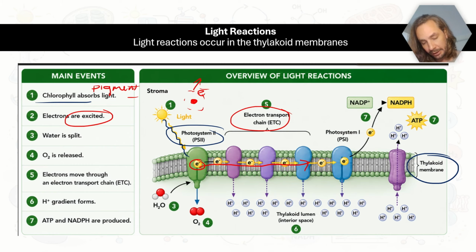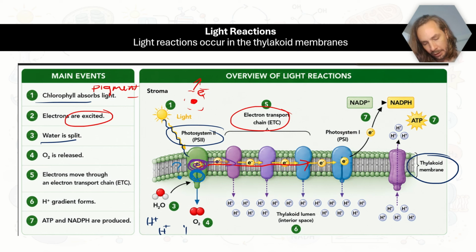Now, this electron has been sent, so we have a missing electron. That electron needs to be replaced, and how that is done is we split water. When we split water, we get 2 hydrogen ions.